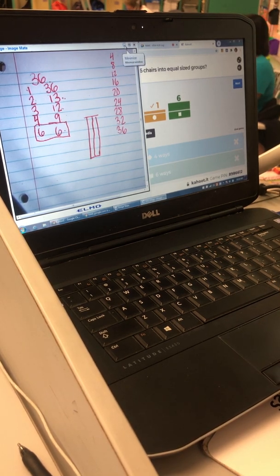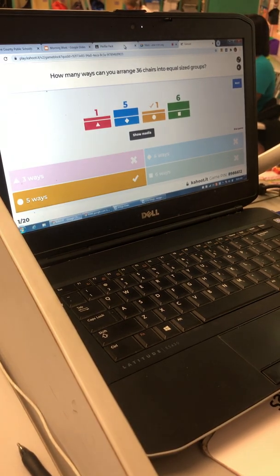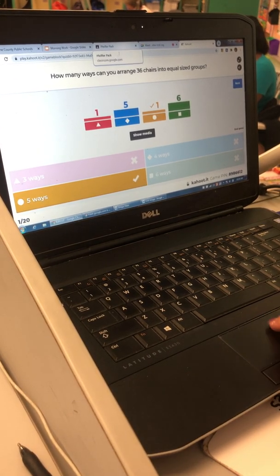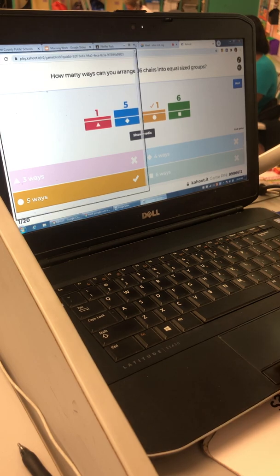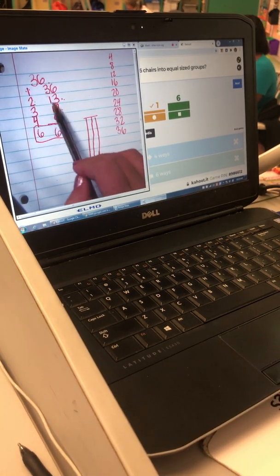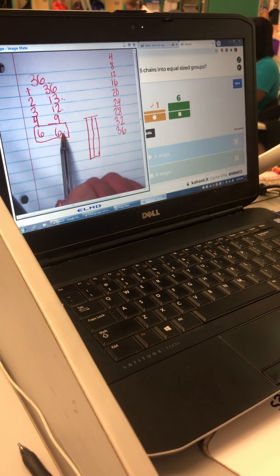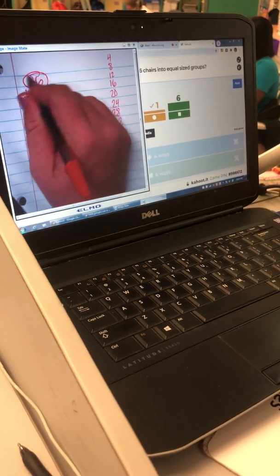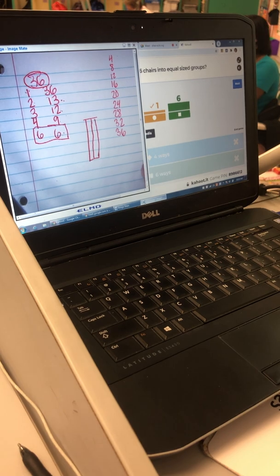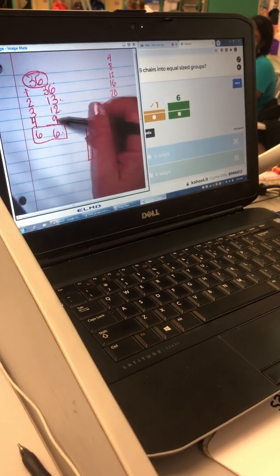You may have not done all of your factors. You had to go through each one of them. We know 1 times 36, 2 times 18, 3 times 12, 4 times 9, and 6 times 6 all equal 36. So those are the different ways.